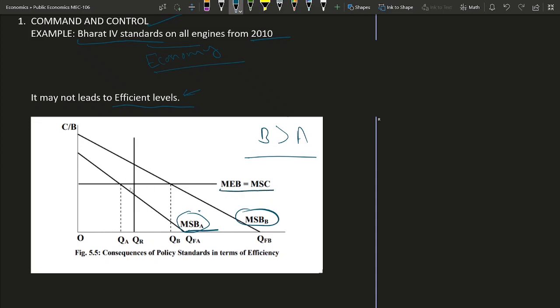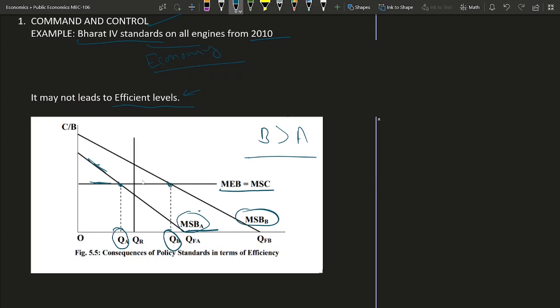So the efficient production for firm A will be the point here where its benefits are greater than the cost. This will be the efficient quantity firm A should produce. And for firm B, this should be the efficient point, and quantity QB should be the efficient quantity firm B should produce.